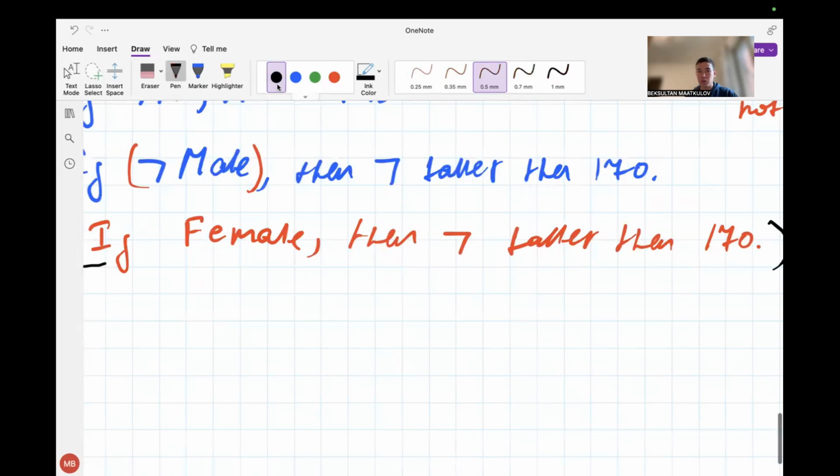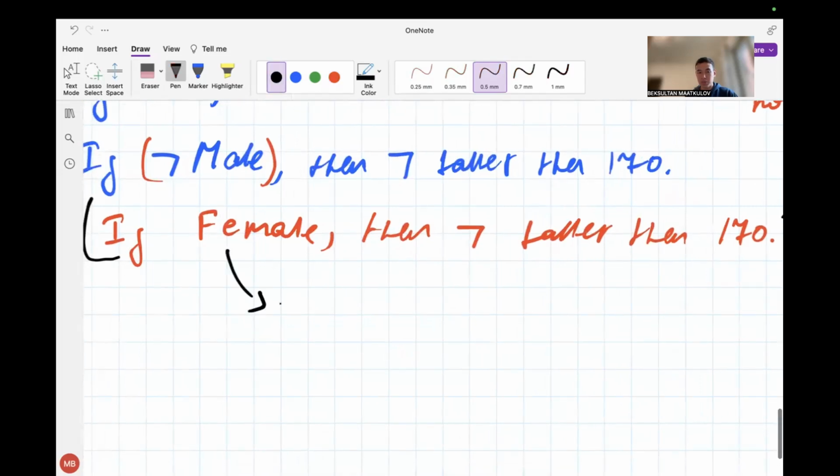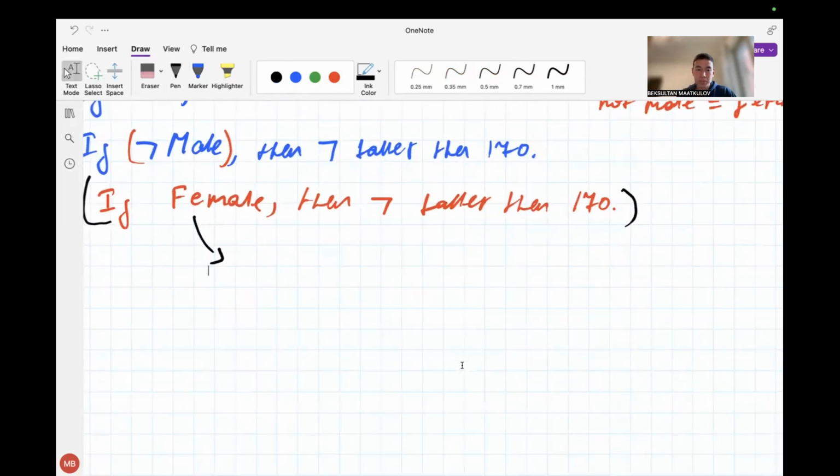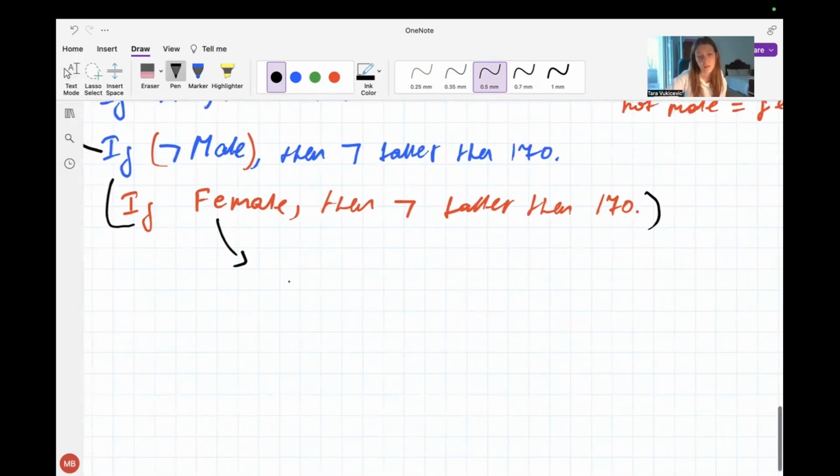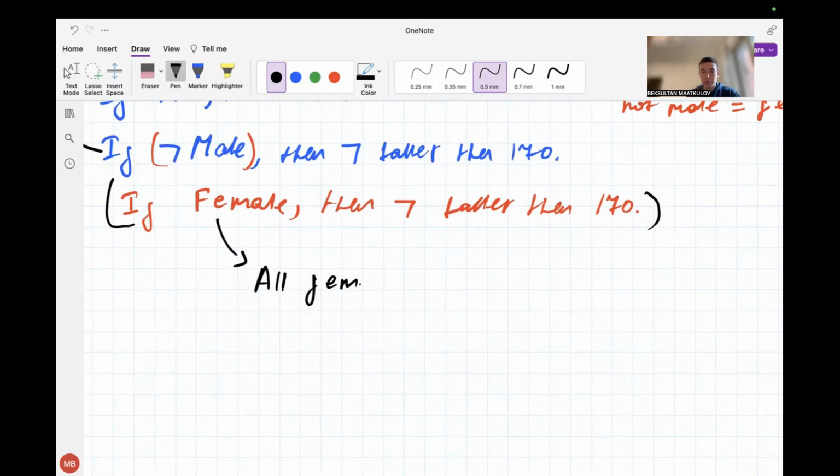How we can convert it to all statements? All females are shorter than 170. Perfect. Yeah, that's correct. So you can write all females are, I will not write shorter. I'll just leave, not taller.